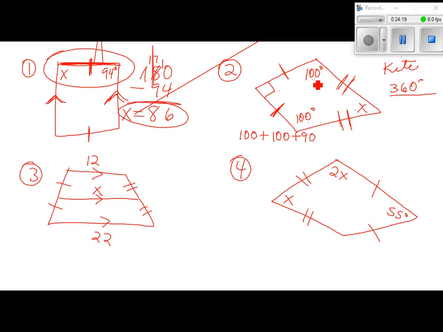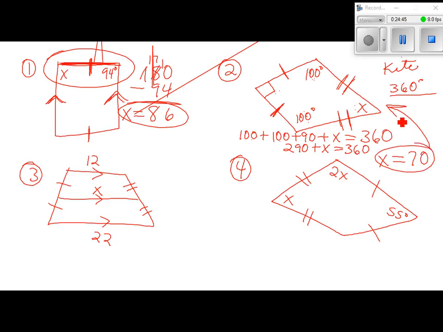So this angle plus this angle plus this angle plus the 4th angle, which is x, should equal 360. 100 plus 100 plus 90 is 290. So 290 plus x should equal 360. We subtract 290 on both sides and you end up with x equals 70. So x equals 70 degrees. That's for number 2.